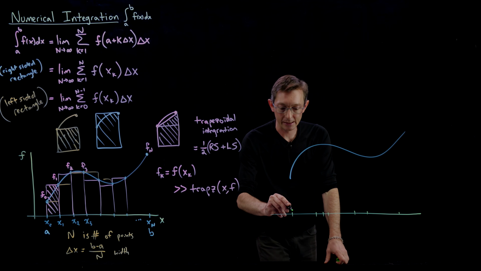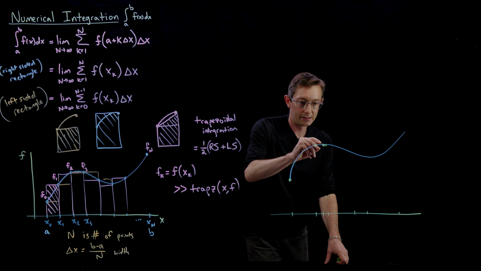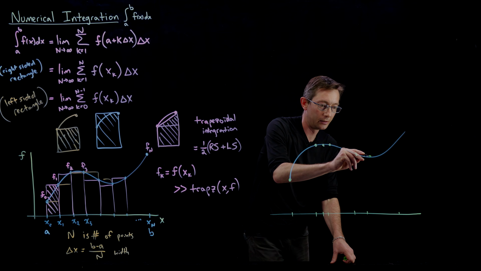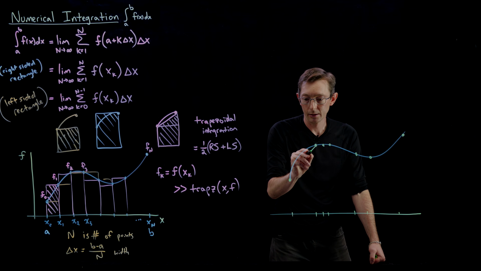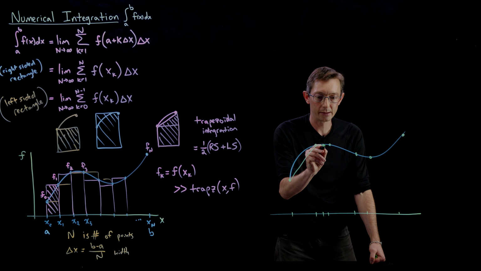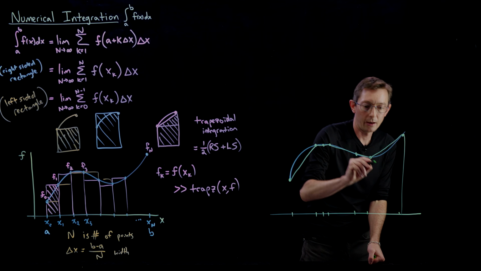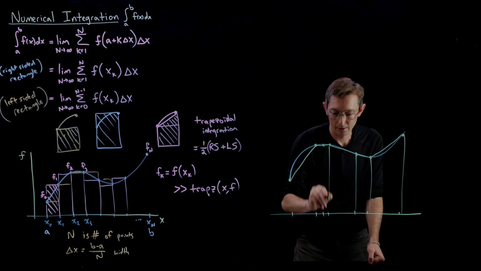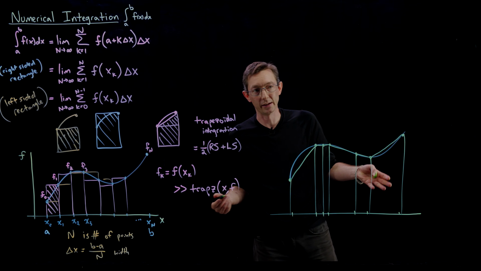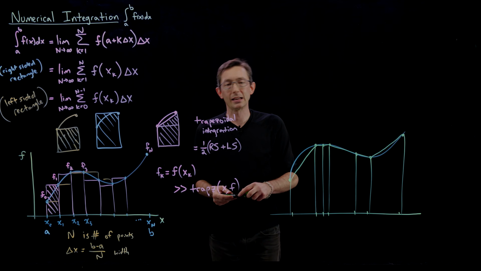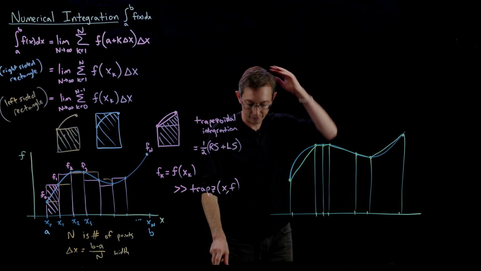I can still approximate the area using these little rectangles or trapezoids between these points. If I liked, I could still build a trapezoid between these points and this point, and do the trapezoidal integration and approximate the area, even if I have some points more finely represented than others. That's totally fine. So the delta x spacing doesn't have to be uniform for any of these algorithms.